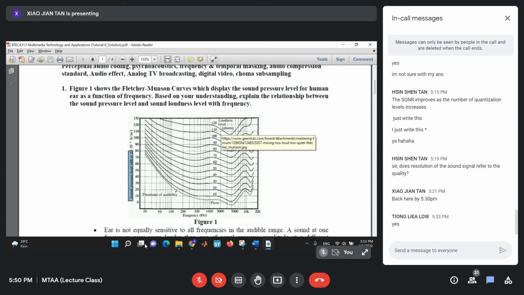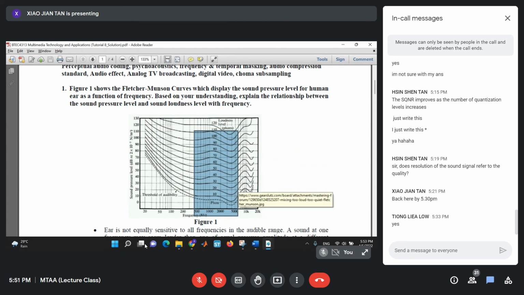Why are some of the multimedia applications coded specifically under this region, especially 500 Hz to 5 kHz, which is where the phone operates? Usually we push all the frequency into this region.